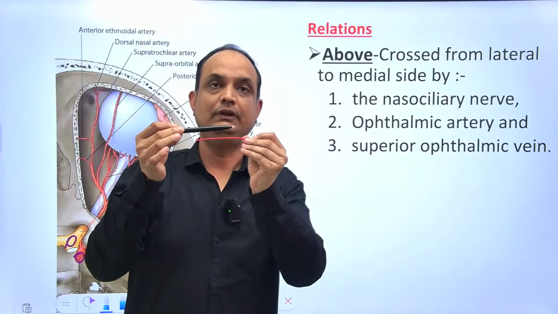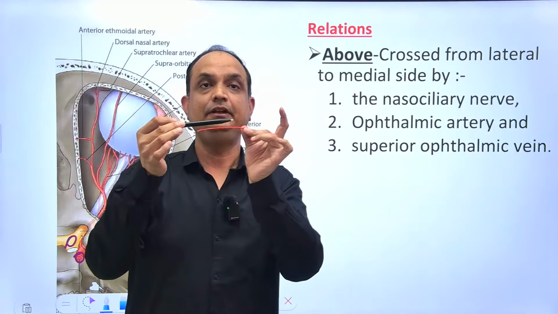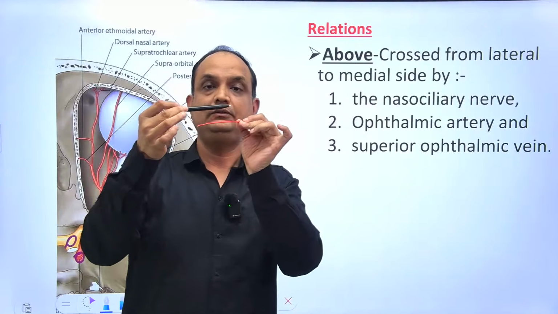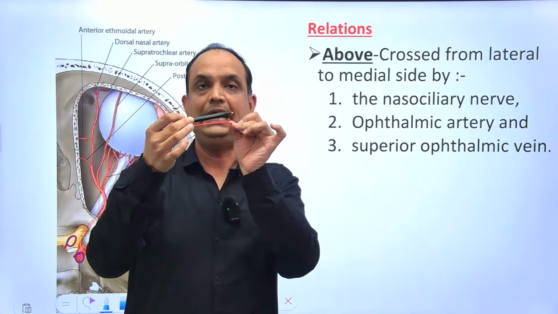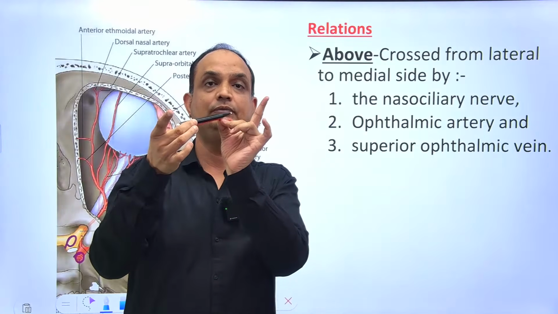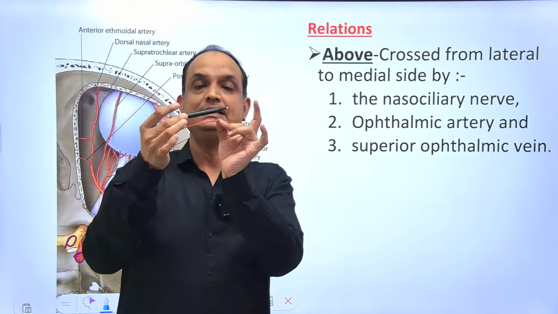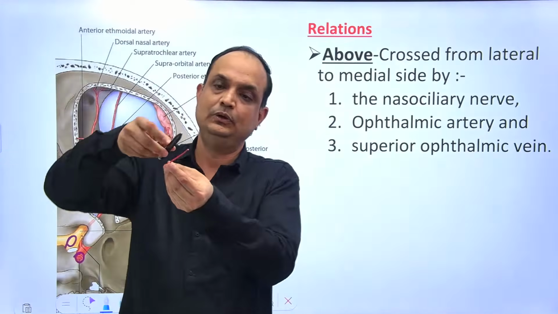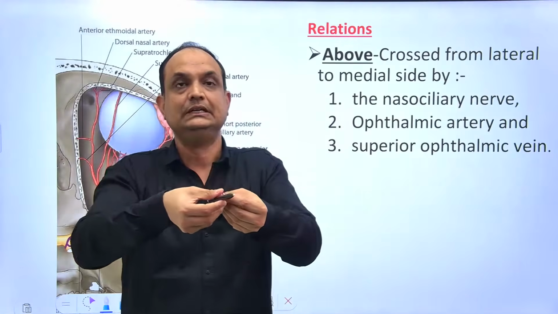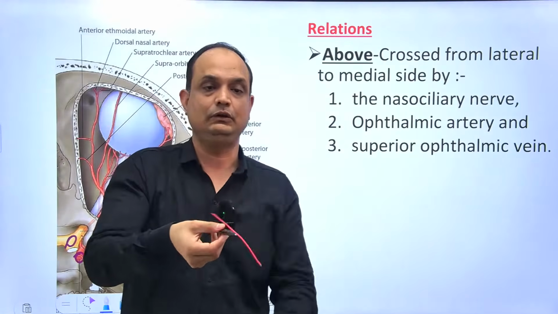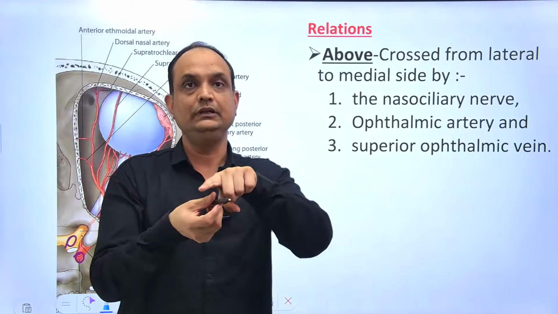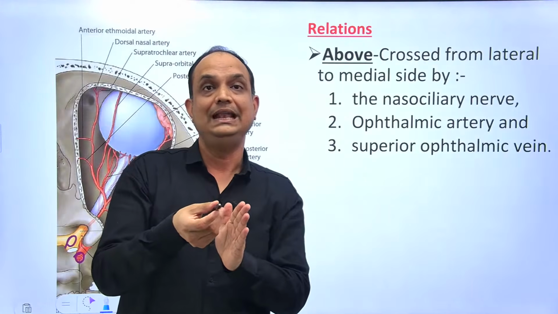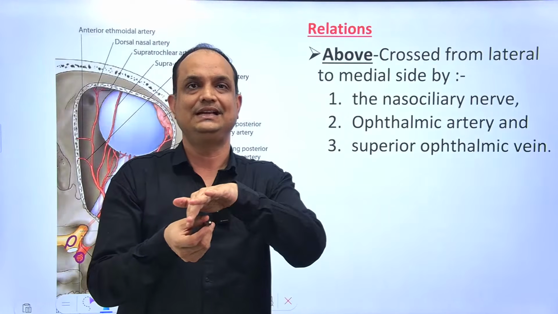Clear? Now, what will happen? This artery has two options: it can remain below and enter the optic foramen and then the orbit. The second option is that the artery is below, but it crosses the nerve. This is the crossing. The crossing goes from the lateral to the medial side.